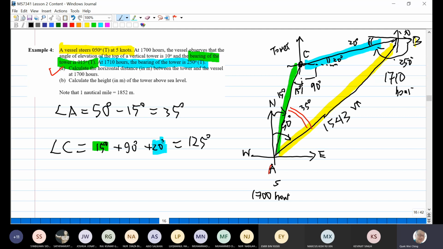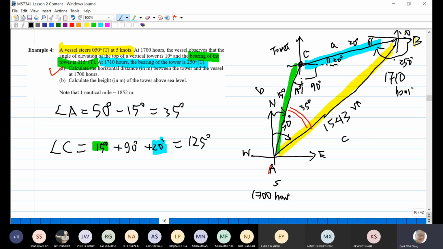Okay, so with all this information, can I find AC now? Can I find AC from here? So AC is actually the side B, right? If I call AC side B here, and then this is side C here, and this is side A here.